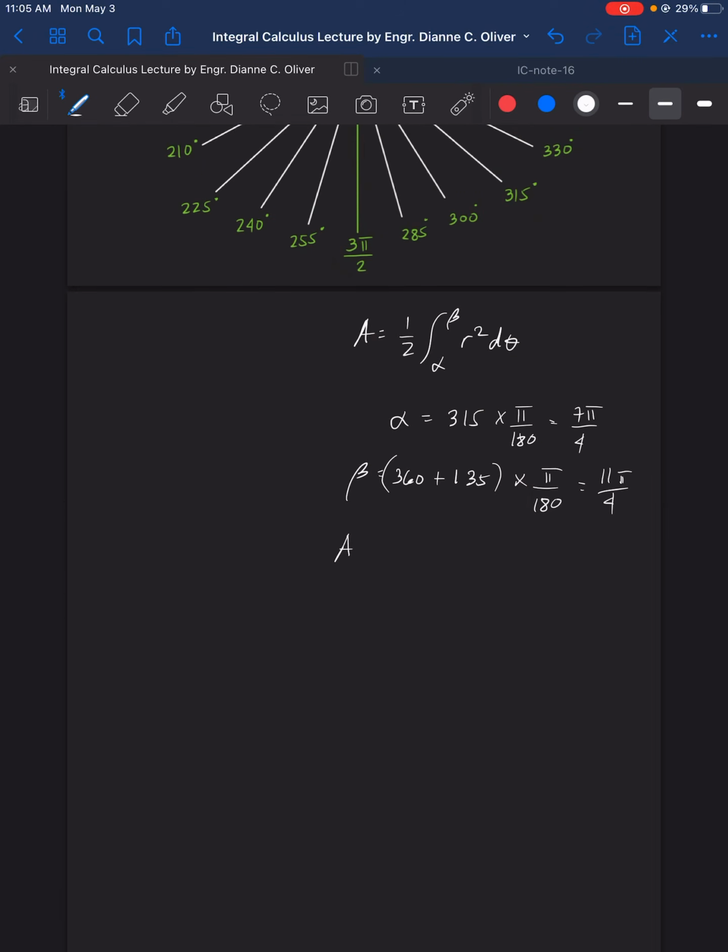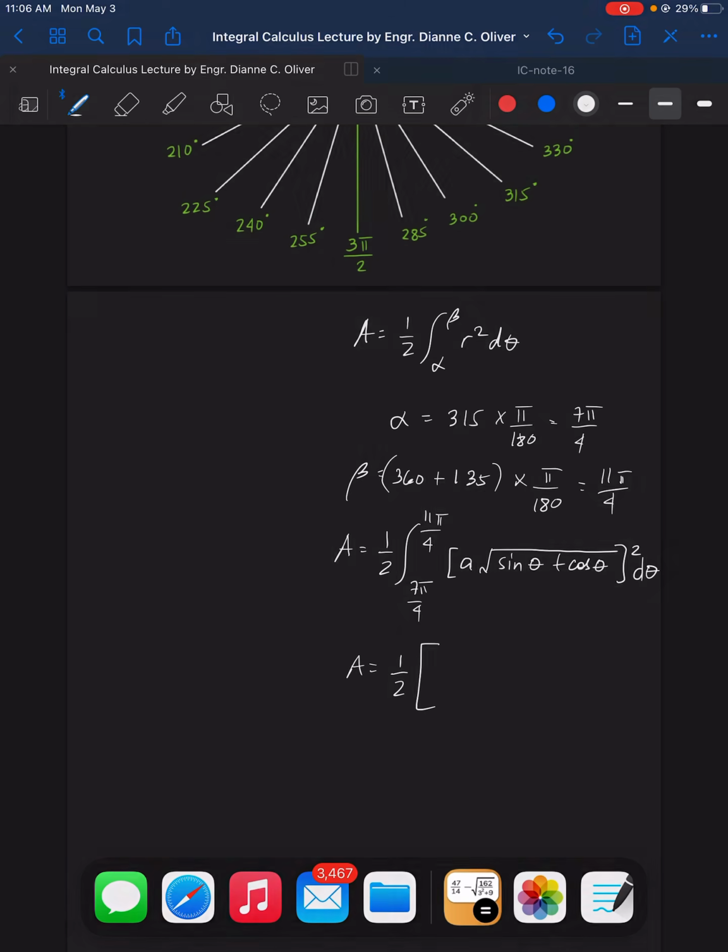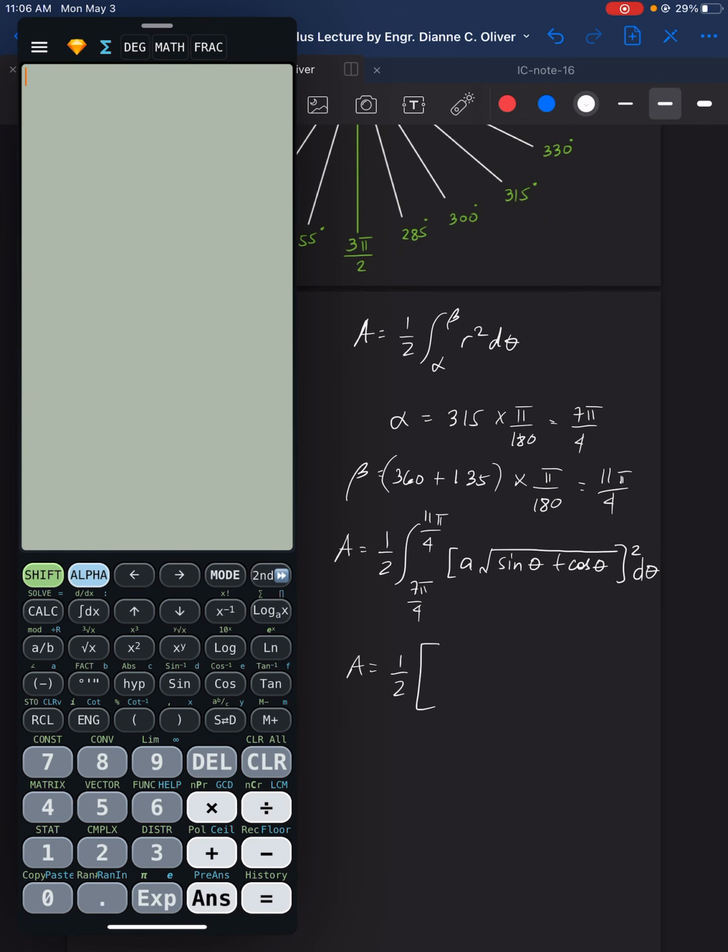Therefore, our area now is equal to 1/2 integral of square root of sine theta plus cosine theta, squared, then d theta. Alpha is 7 pi over 4. Beta is 11 pi over 4. So again, this is in radian mode.